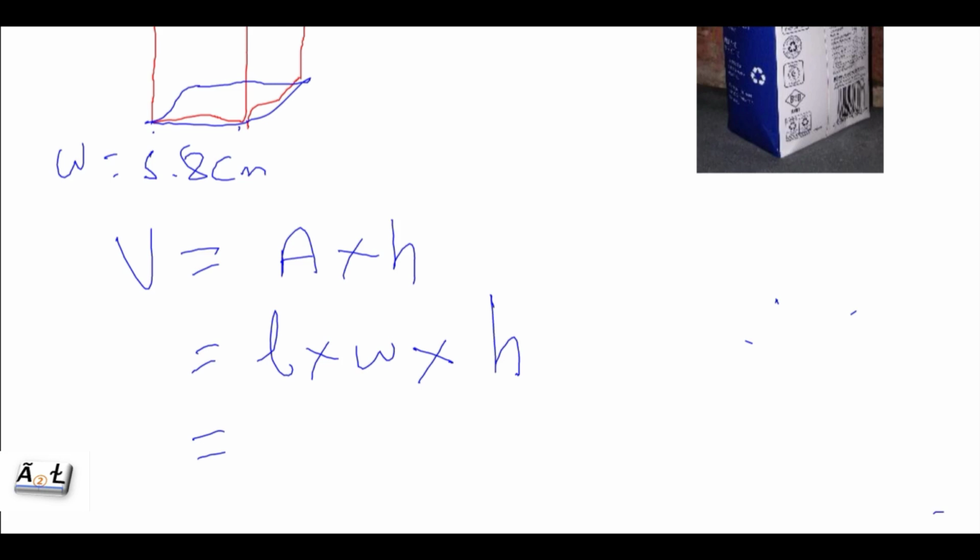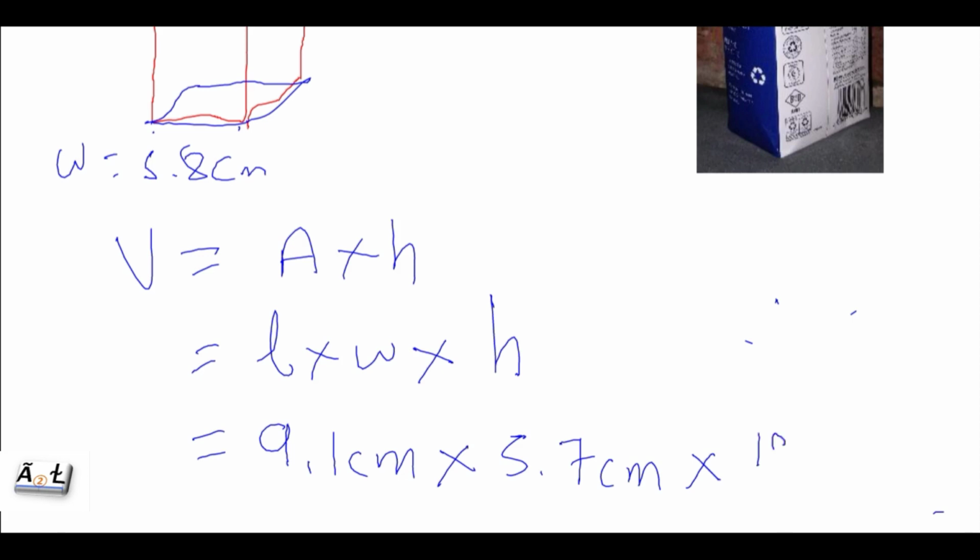The length, which is 9.2 centimeters, we make it 9.1 centimeters, times our width, which is 5.8 centimeters, becomes 5.7 centimeters, times our height, which is 19.5 centimeters, we reduce by a millimeter, so it becomes 19.4 centimeters.